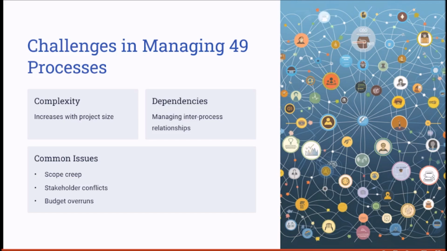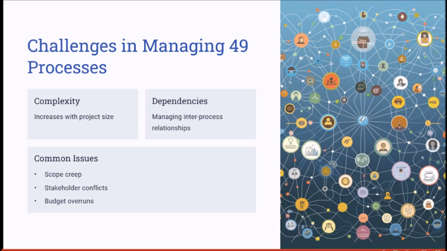What are the common challenges in managing these 49 processes? Large projects require strong governance to manage multiple processes continuously. And common challenges might arise, such as scope creep, when you have many uncontrolled changes, also stakeholder conflicts and budget overruns due to inefficient process management.